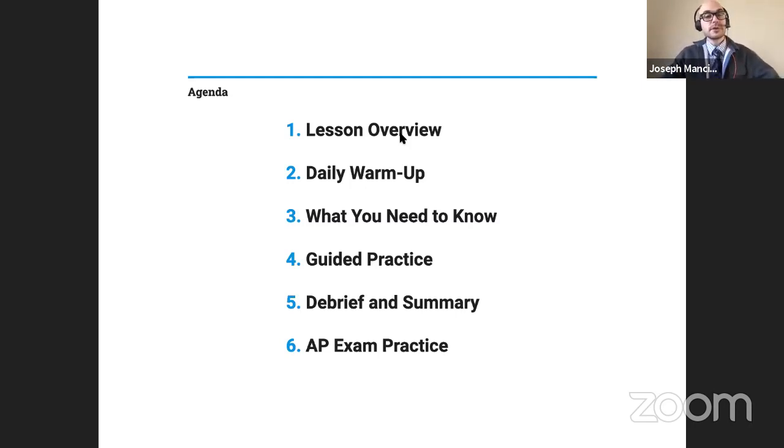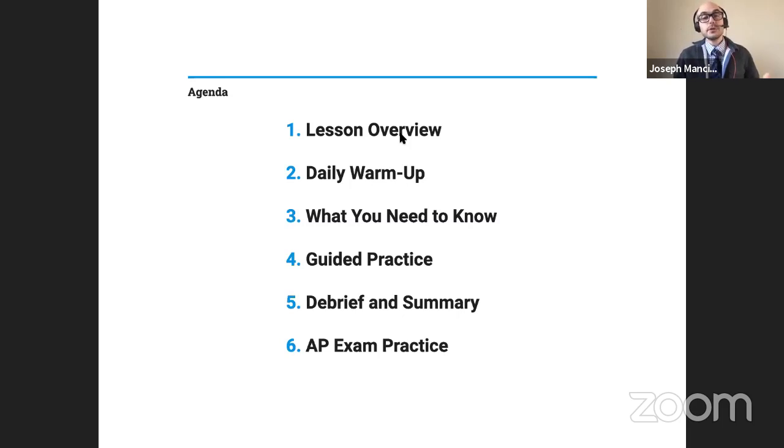We'll work through some guided practice, and in today's guided practice, we included more stuff about PV diagrams. Some feedback from my students said, we really need to spend more time on that, so we're doing it.